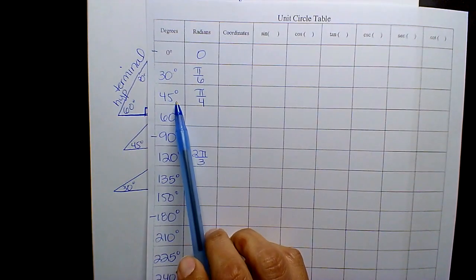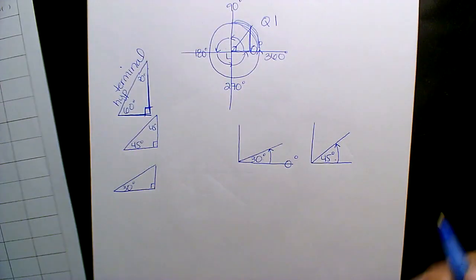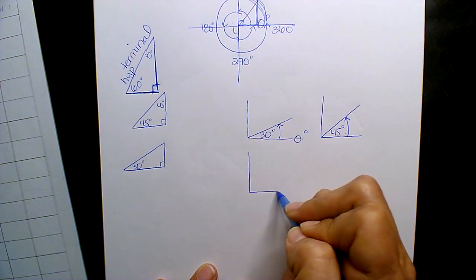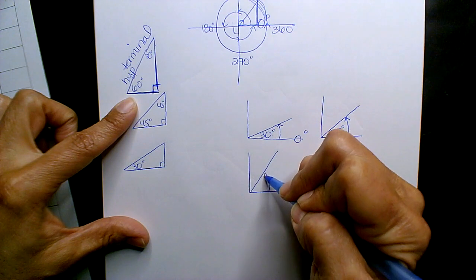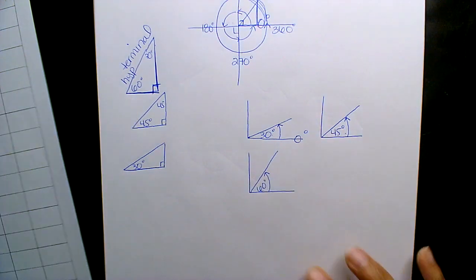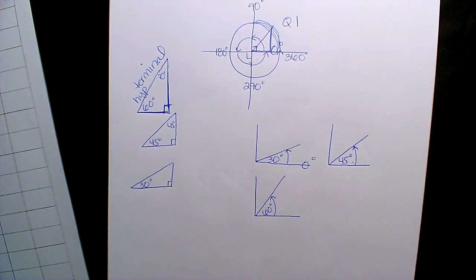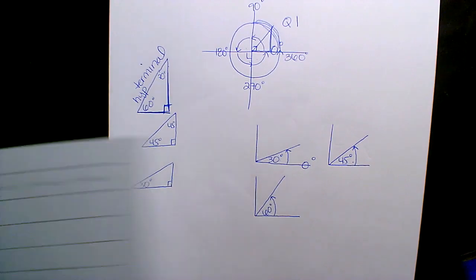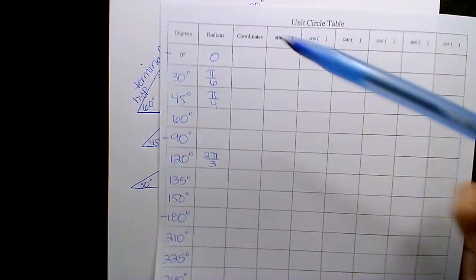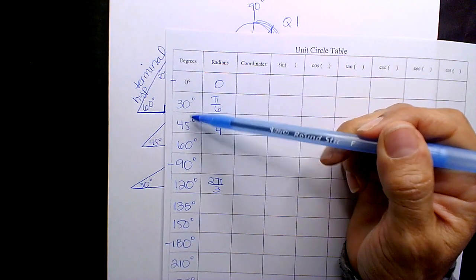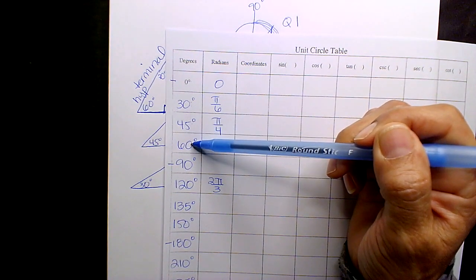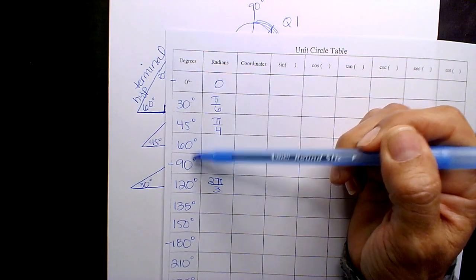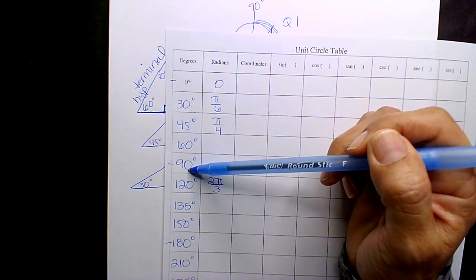And so that's my next angle. And then go to quadrant 1 still and grab your 60 degrees. And there's my 60 degree angle, right? And so there's quadrant 1, 0 to 90 is 0, my 30 degree, my 45 degree triangle, and then my 60 degree triangle. And there's then 90, and that closes up quadrant 1.